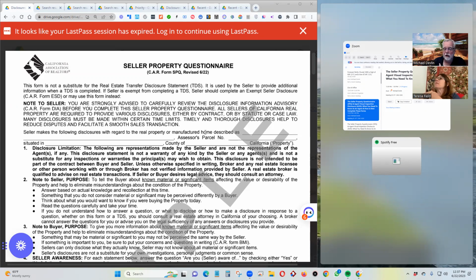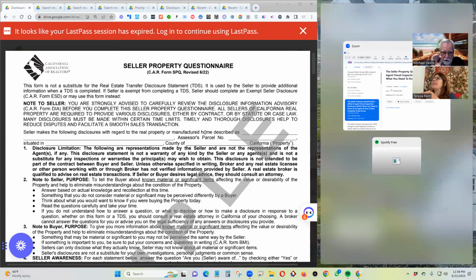When I get that issue, which has actually been kind of common lately, the first thing I do is I look at the transfer disclosure statement and the seller property questionnaire, and what I'm looking for is a mistake. I'm looking for a question that was not answered, or a question that was obviously answered incorrectly.